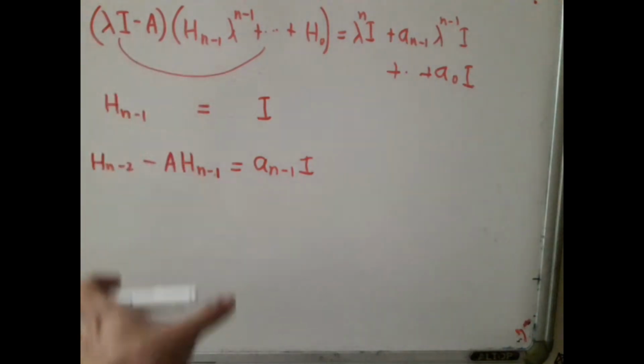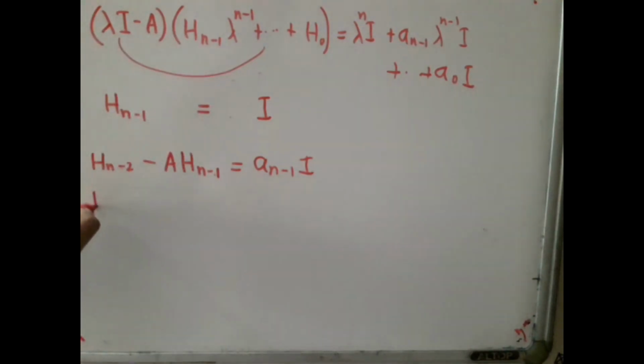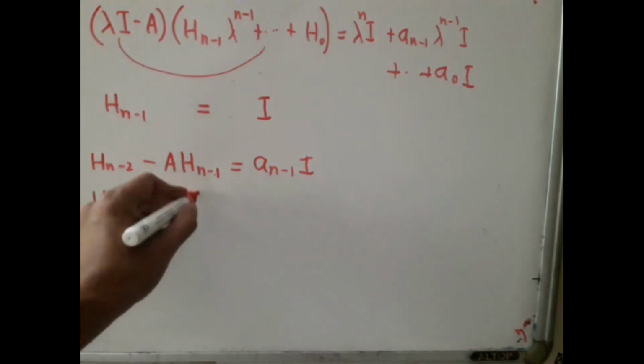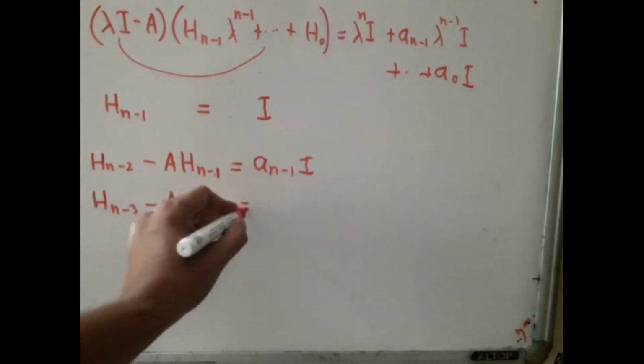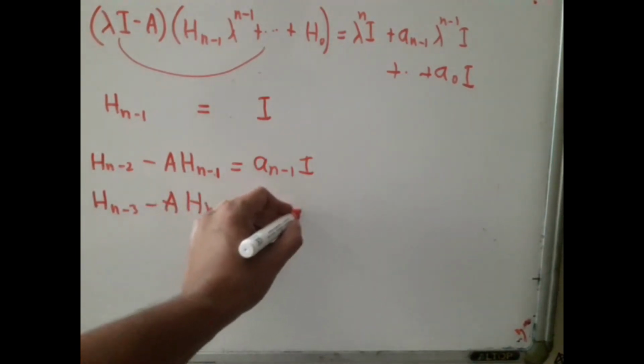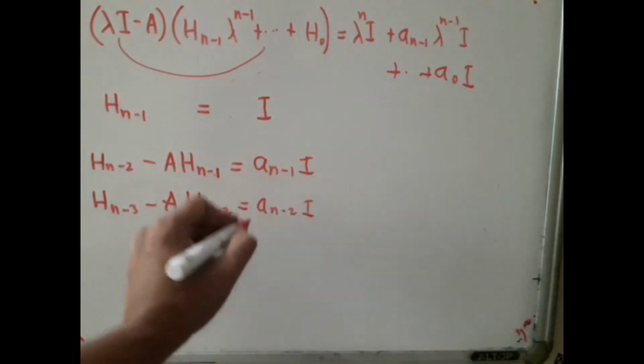Now you can see the pattern. This pattern will go all the way, so the next one will be H_{n-3} minus A H_{n-2} equal to a_{n-2} times identity, and so on.